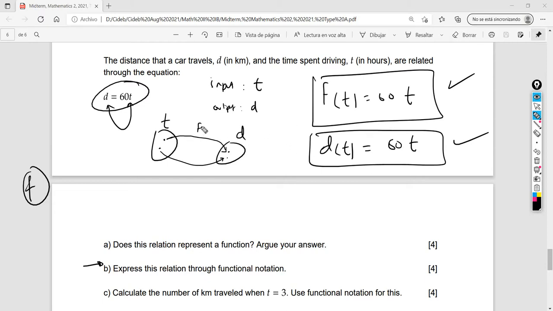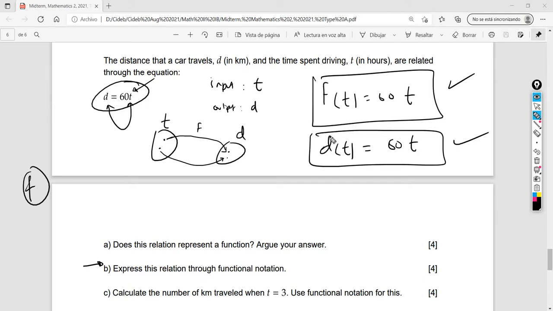And this machine can be named anyhow. It doesn't matter. Most people use f for the name of the function, but basically what this function is doing is giving you the distance for a certain time. You see, we have time, and this thing will give you the distance.